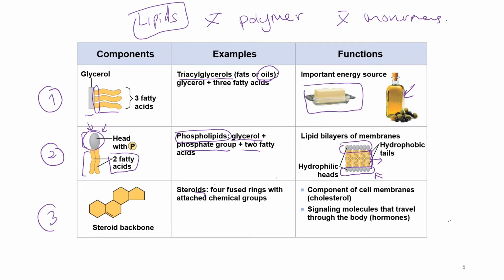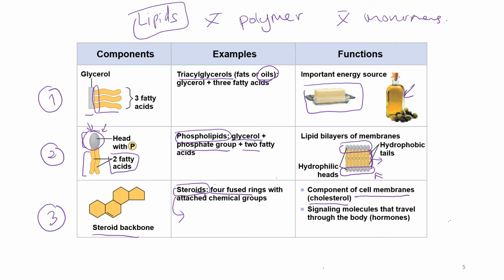The third type of lipid is steroids. Okay, so steroid, as you can see, is composed of four fused rings attached to chemical groups. The most common steroid is cholesterol. Cholesterol is one of the components found in the cell membrane of animals.